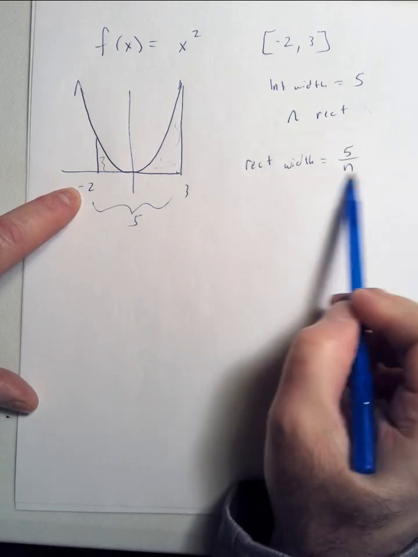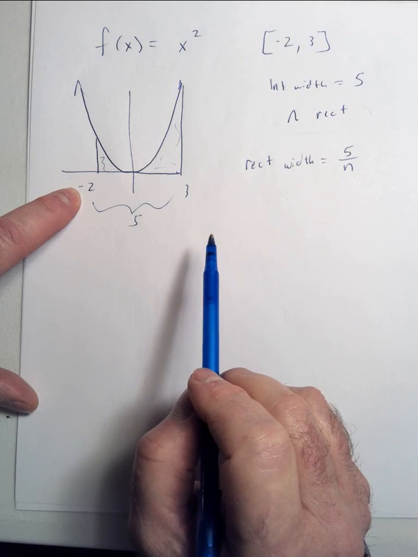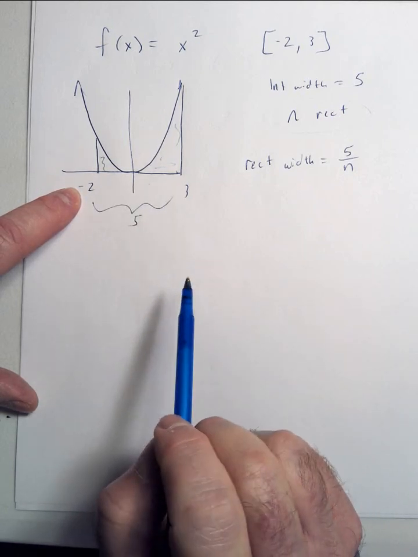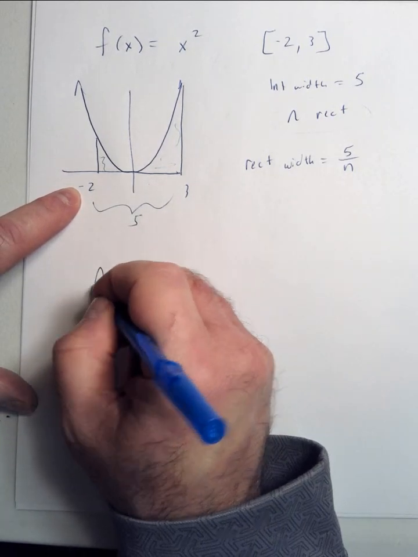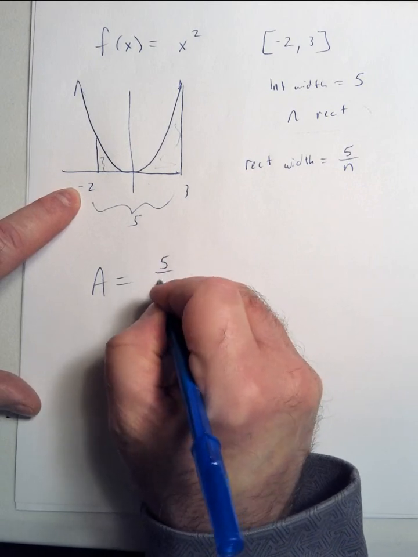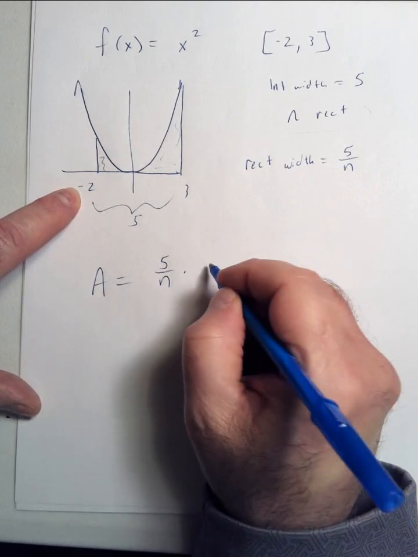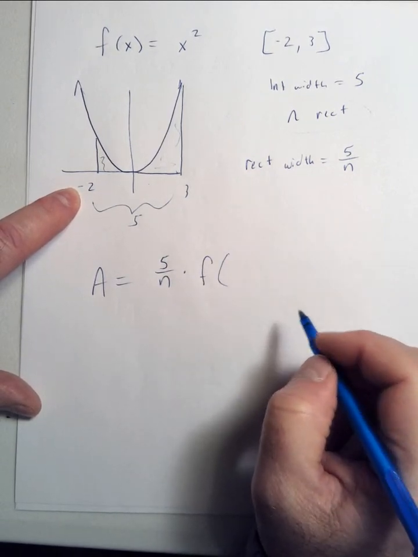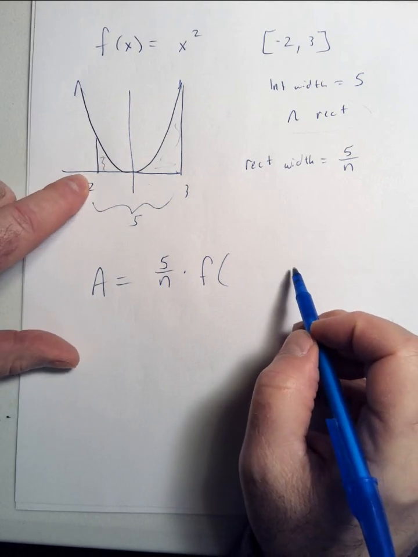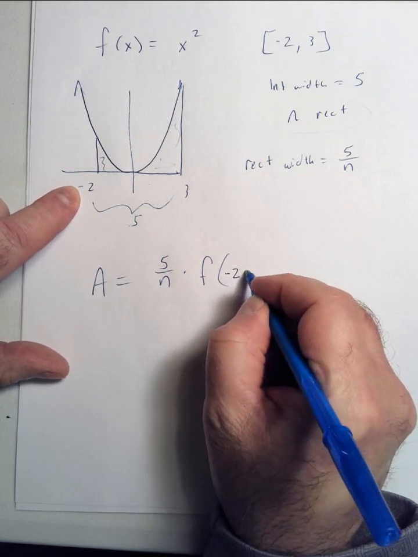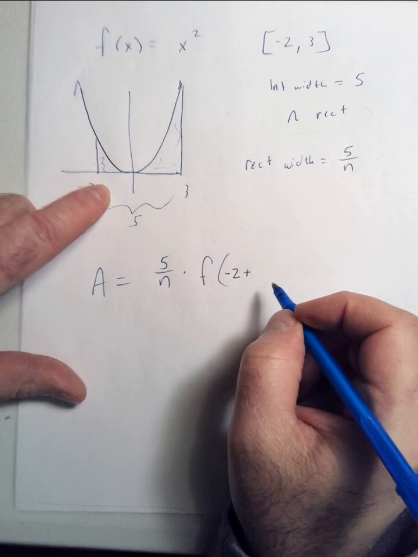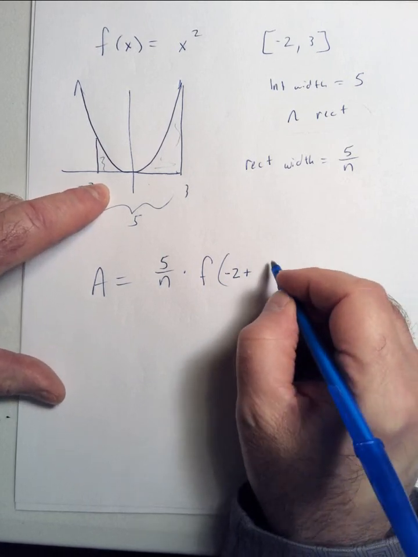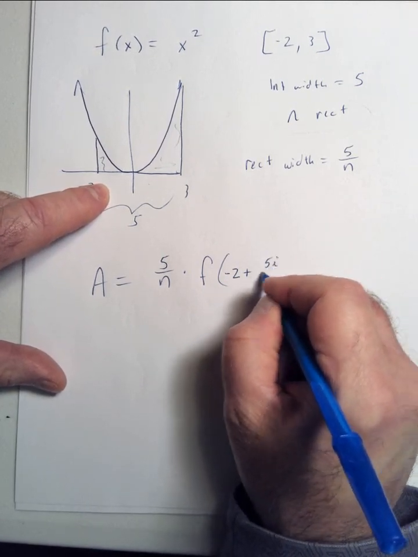And then I have to multiply that by all the heights as we go along. So my area becomes my width times my height, which is this now. And again, because I'm not starting at 0, I'm starting at -2, and then I start adding my widths to get to that right endpoint. So that becomes 5i over n.